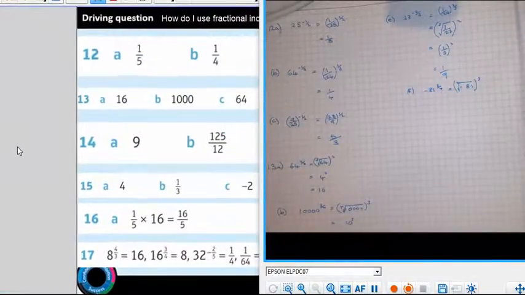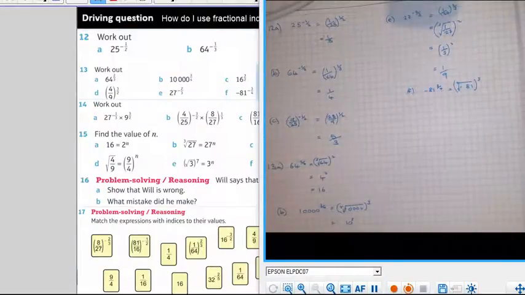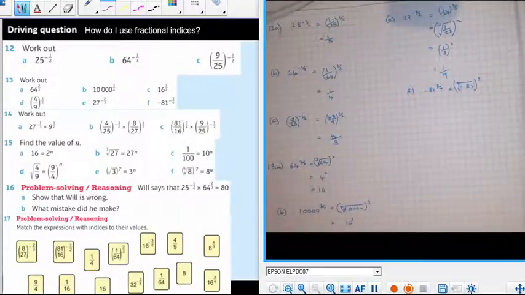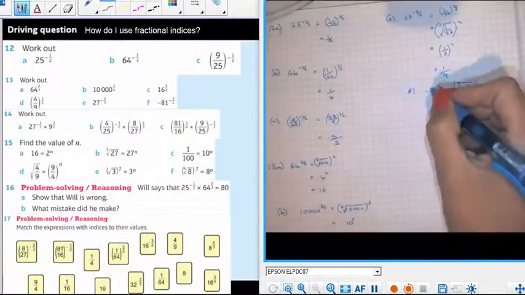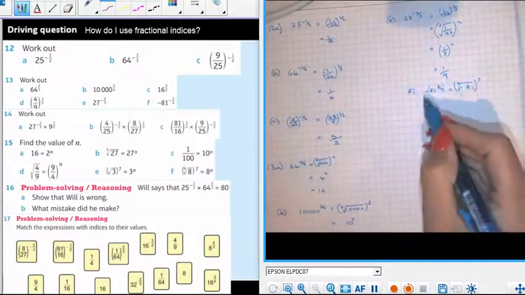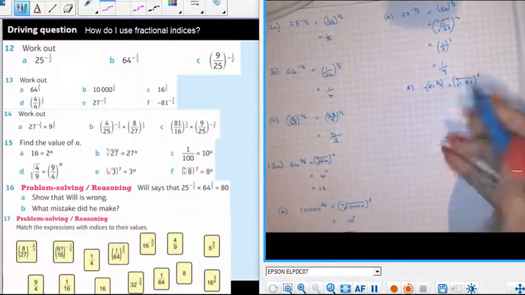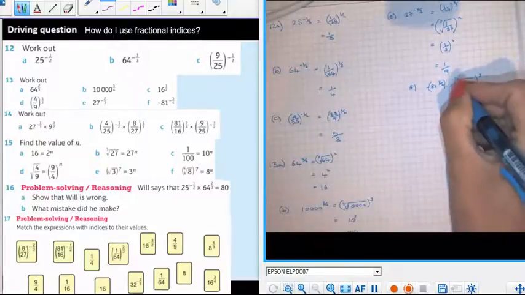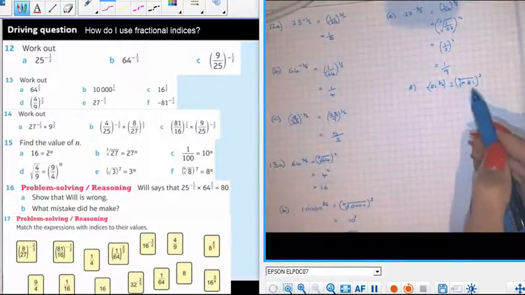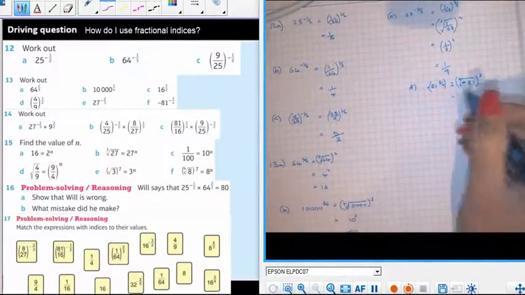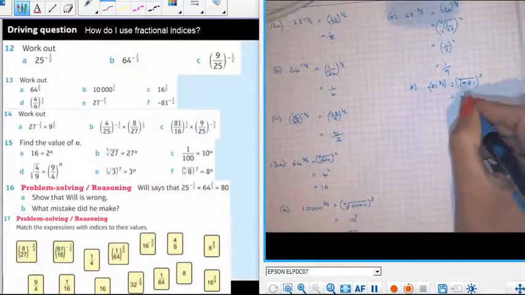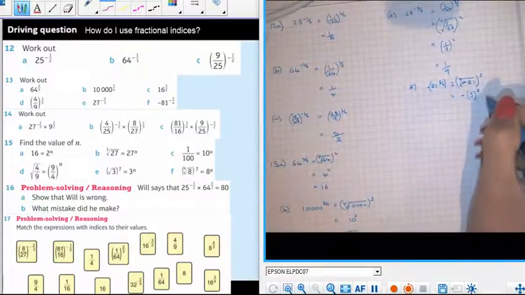Okay. So just to clarify for everybody, that's basically negative 1 multiplied by 81 to the power of 3/4. So I'm finding the fourth root of 81, which is 3. And then I'm cubing that.